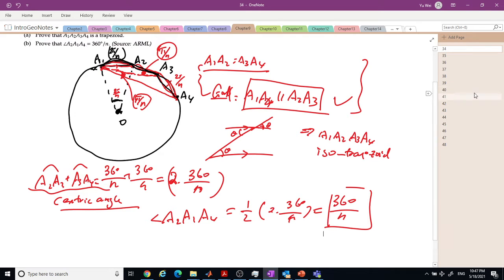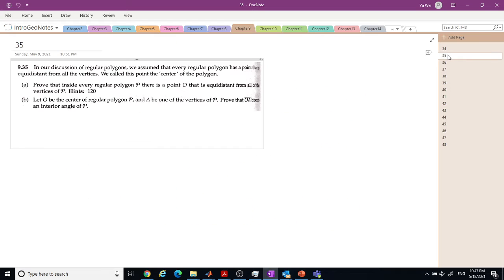Okay, then next. In our discussion of the regular n-gon, we assume that every regular polygon has a center point. Prove that inside every regular polygon there is such a point. For example, we have a regular n-gon.